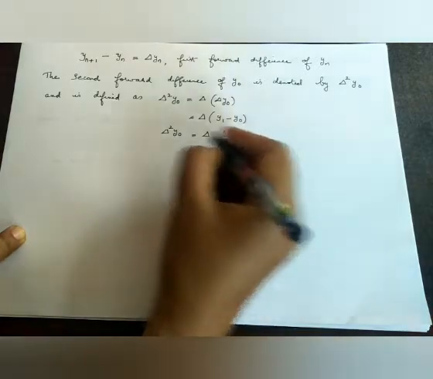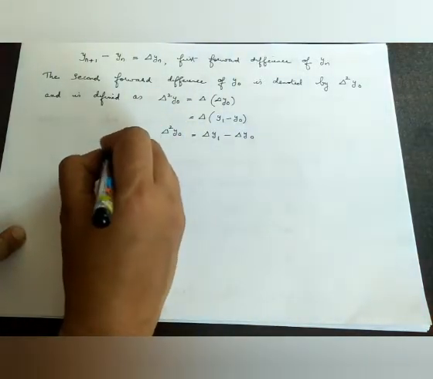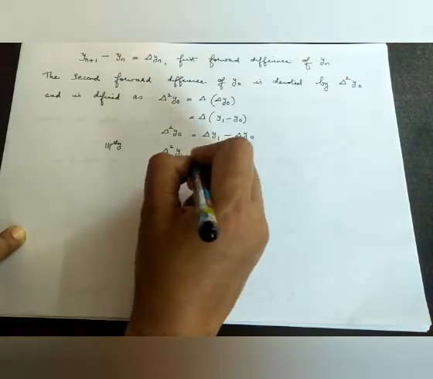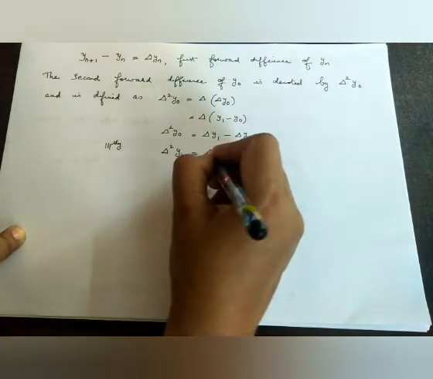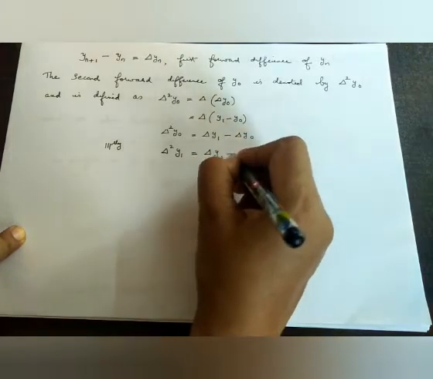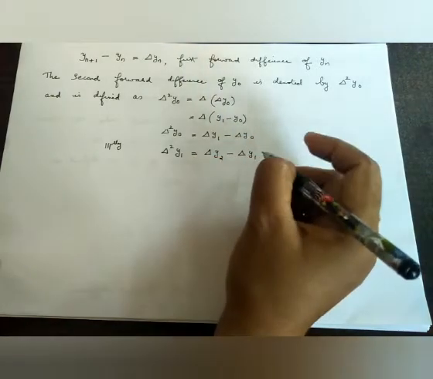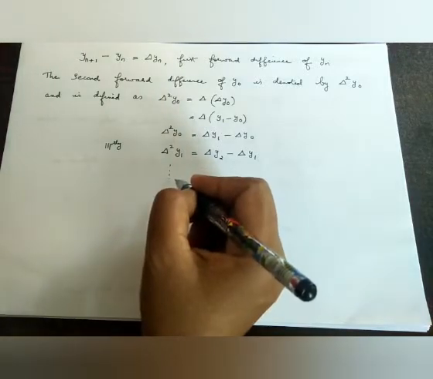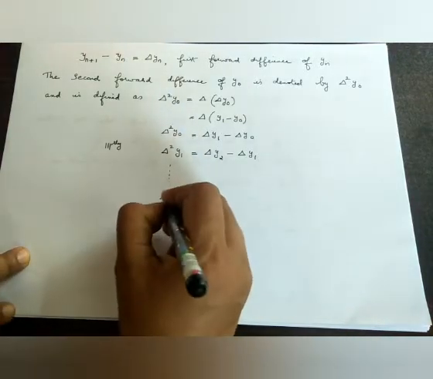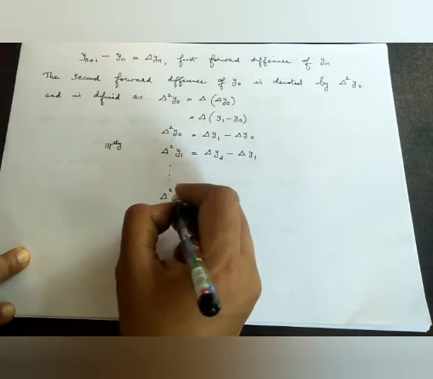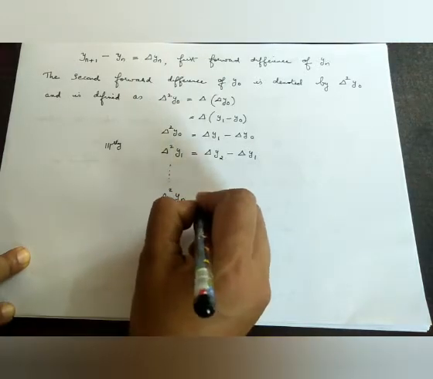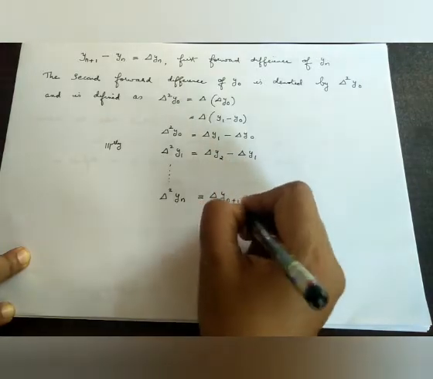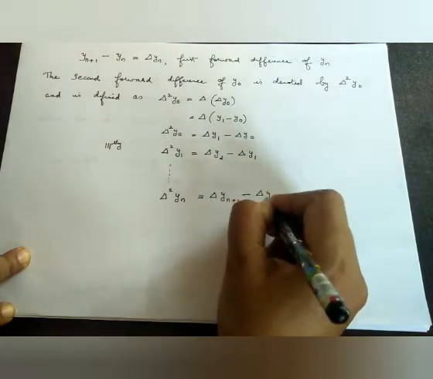Now similarly we can write delta square y1 as delta y2 minus delta y1, etc. We can write delta square yn as delta yn plus 1 minus delta yn.